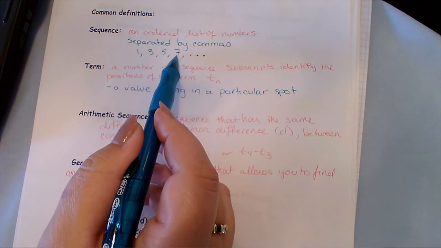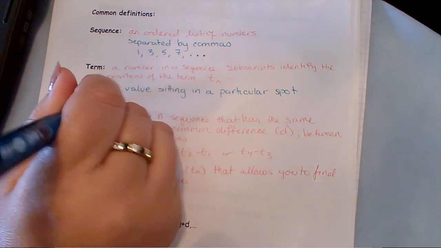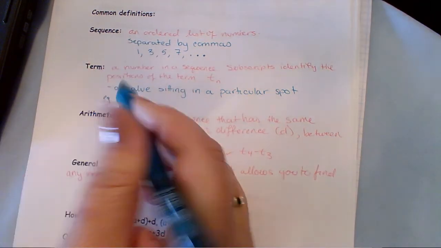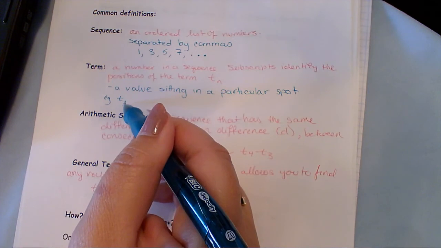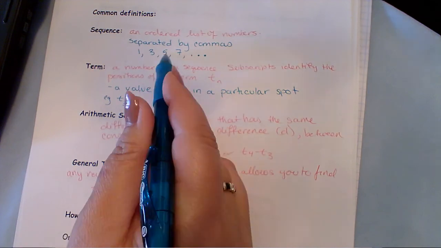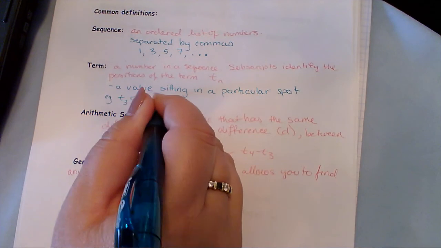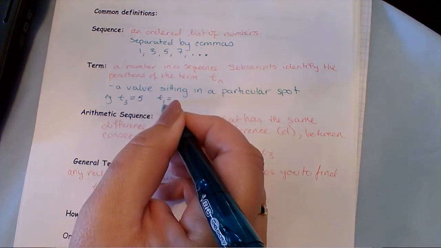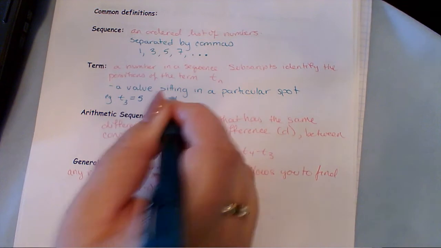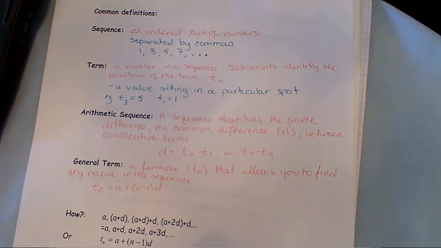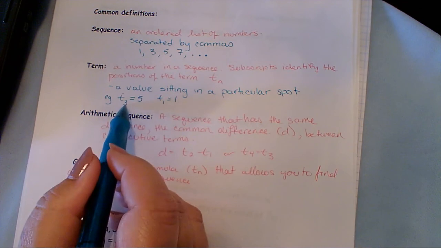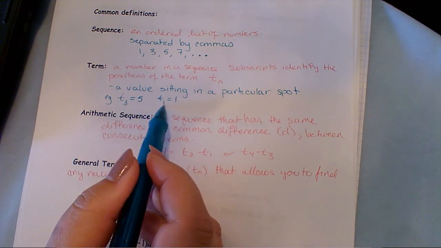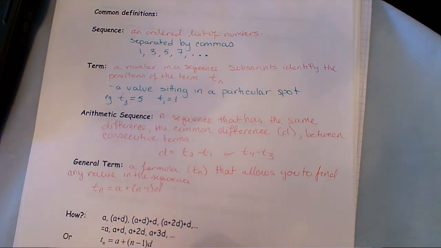Term 4 has the value 7. So T3, term 3, who's sitting in the third spot? That is equal to 5. Who is sitting in the first spot? The term in the first position is 1. That's the way you would read that. It's what value is sitting in that spot in the sequence.